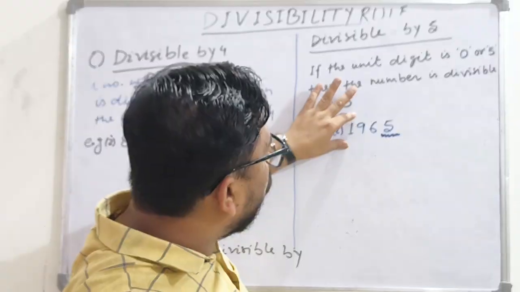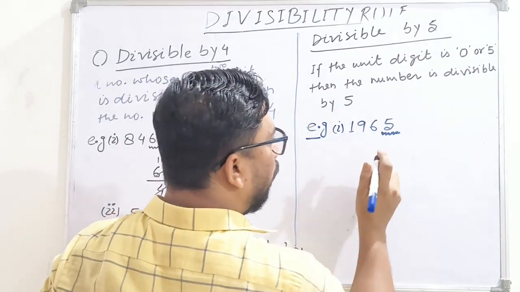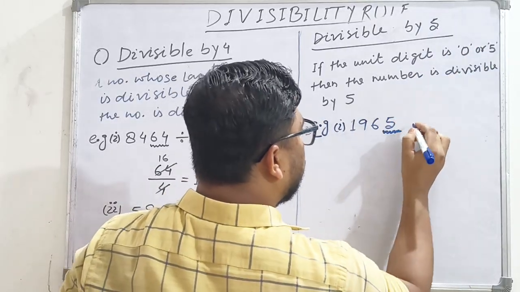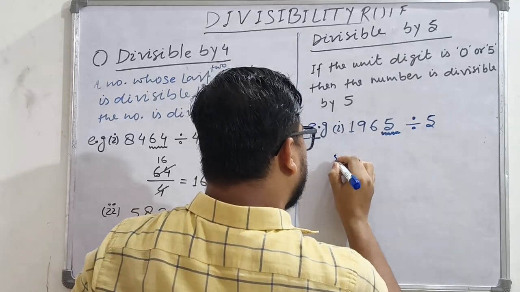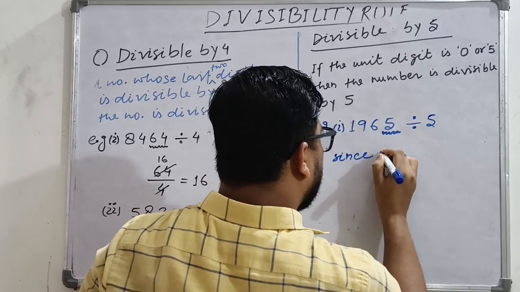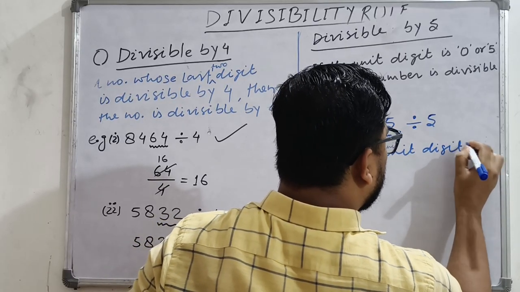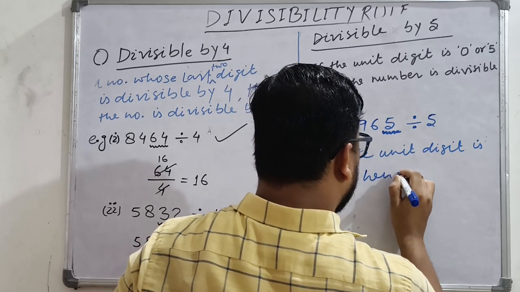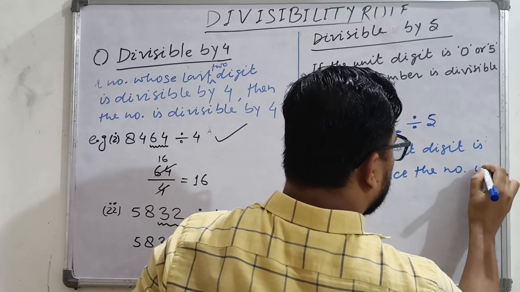The number is 1965. The unit digit is 5. If the unit digit is 5, then the number will be divisible by 5. Since the unit digit is 5, hence the number is divisible by 5.